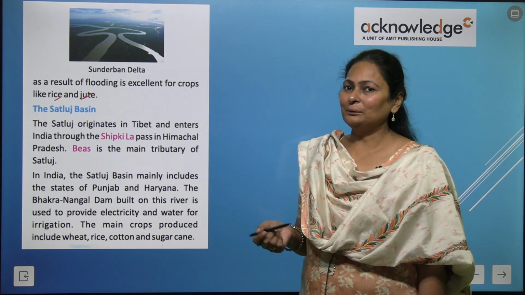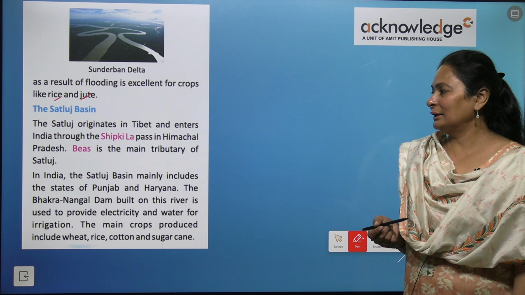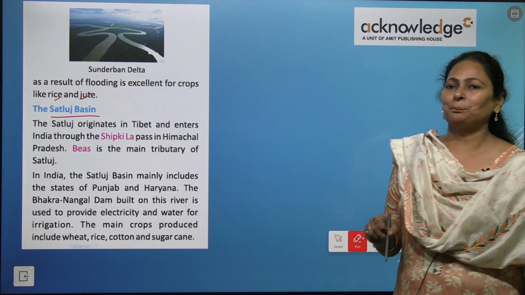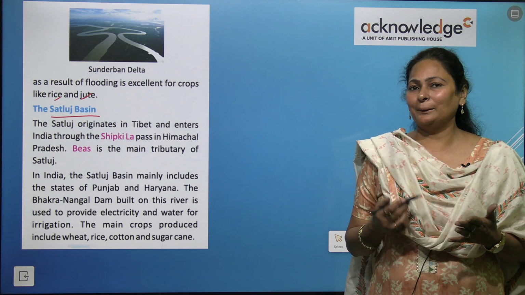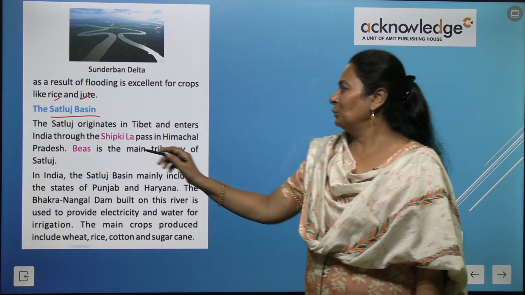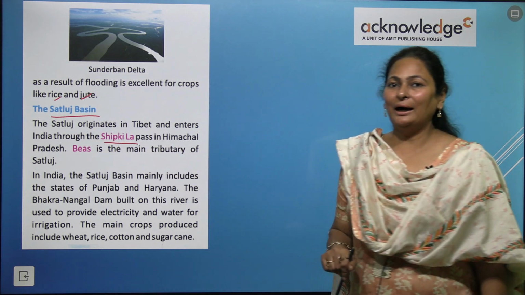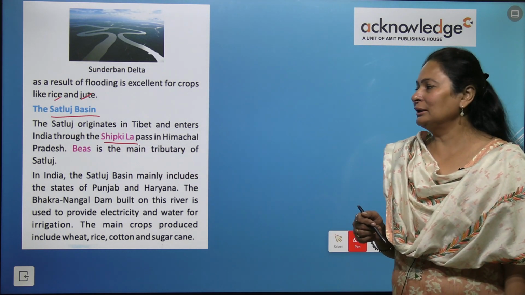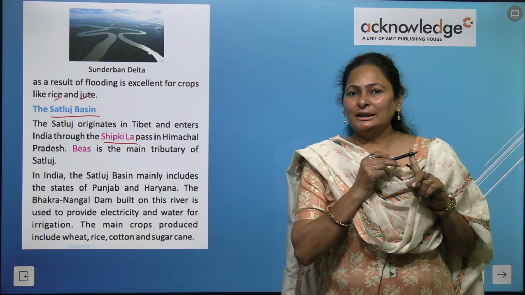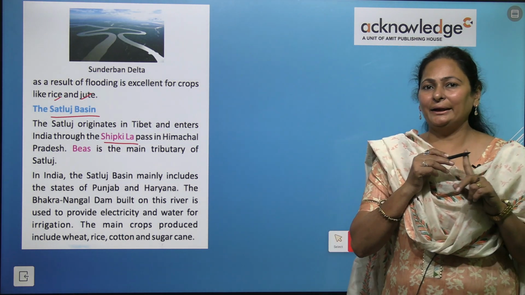Now, the third basin in the northern plains is the Satluj basin. Satluj basin originates in Tibet again and enters India through Shipkila Pass in Himachal Pradesh. Ganga originates from Himalaya, right?